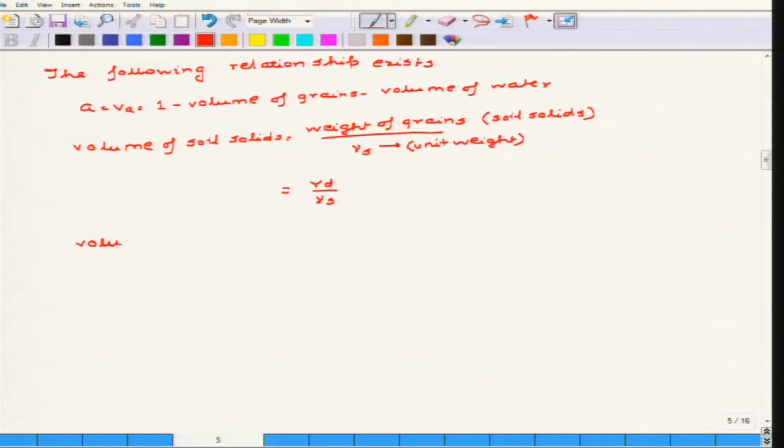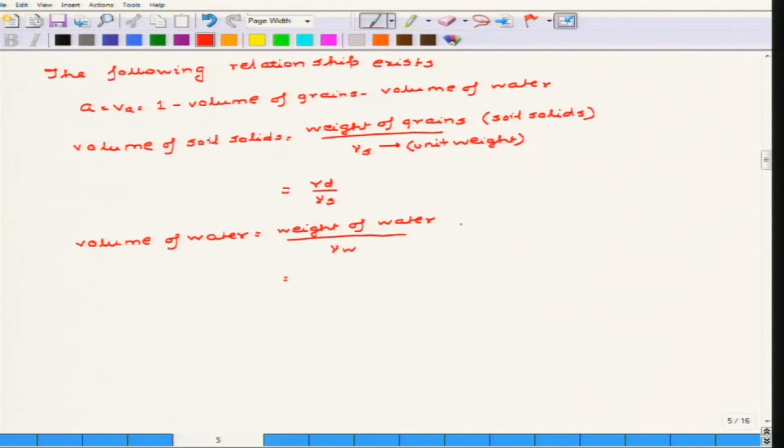Similarly, the volume of water can be written as weight of water by gamma w. Here the same thing applies: the unit weight of water is weight by volume. So the volume of water is equal to weight by the unit weight of water.